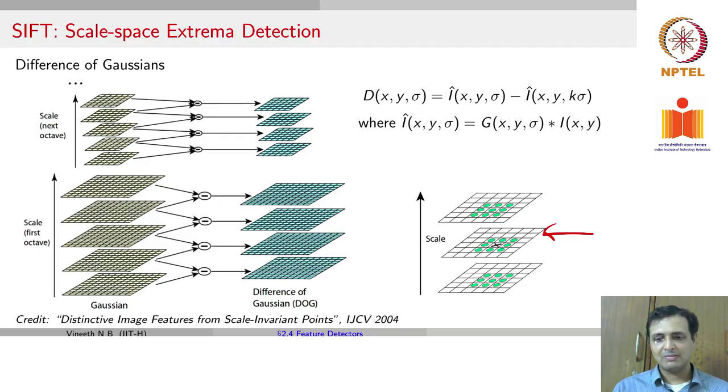With this, you'll have a set of total 27 pixels: 9 pixels on the top on the higher scale, 9 pixels on the bottom scale, and 9 pixels in the appropriate scale, including the pixel at the center. So you have all of these pixels given to you.